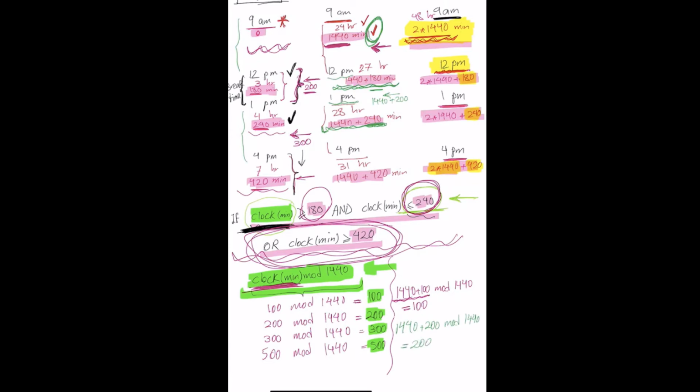And then if I'm going to still keep the condition the way that I wrote it here on the top, if I replace the clock with this expression that I wrote here, although I'm in day 2, I can still compare that minute with 180 and 240.